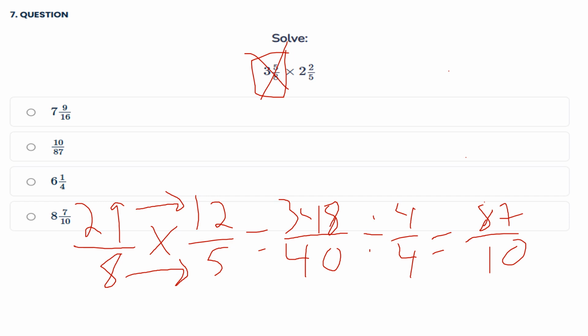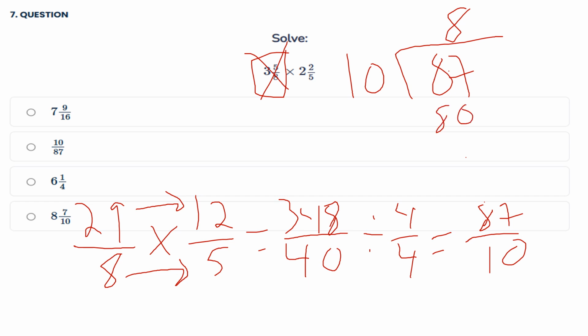To do that, we just divide our numerator by our denominator. So 87 divided by 10. 10 can't go into 8 evenly, but 10 can go into 87. Not evenly, but it can go in there without going over. It goes in there 8 times. So 8 times 10 is 80.